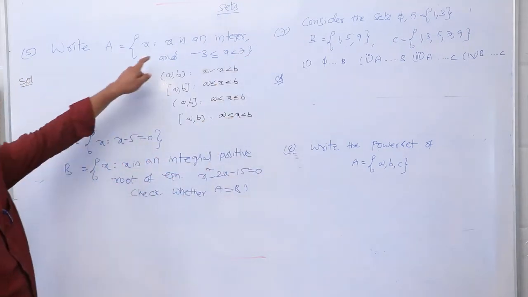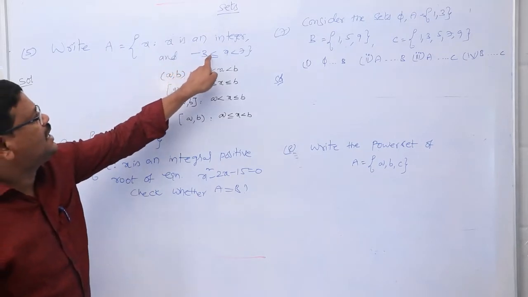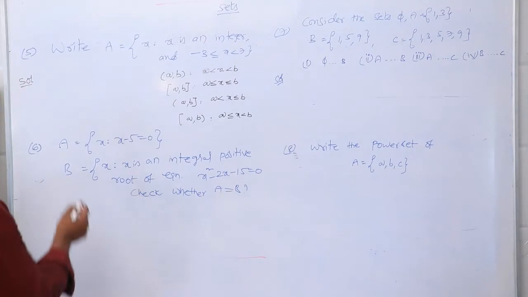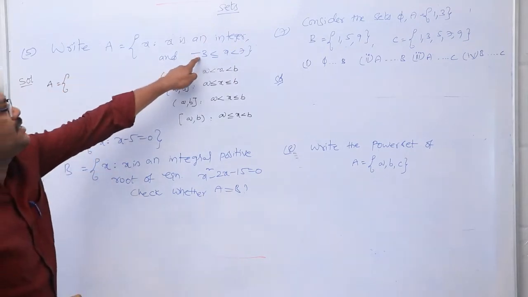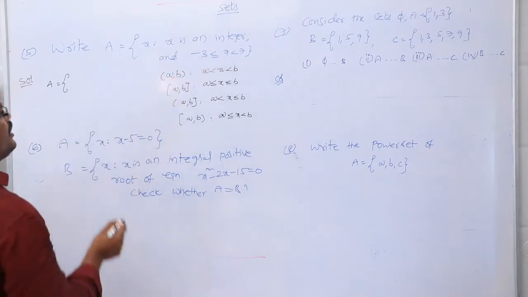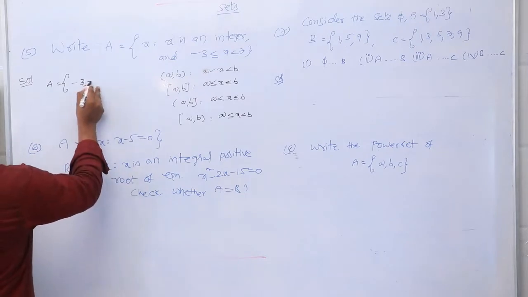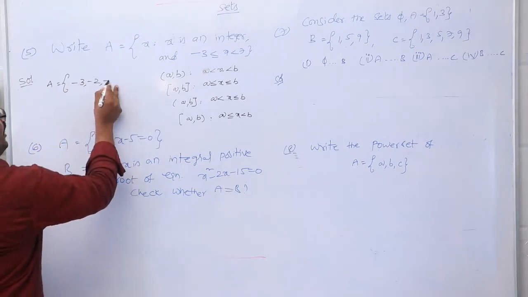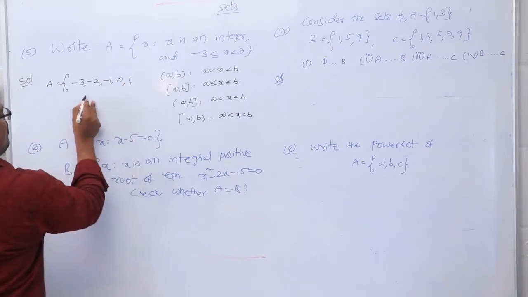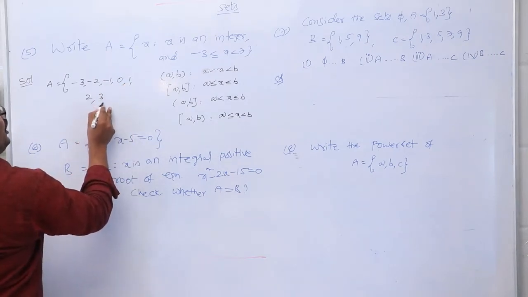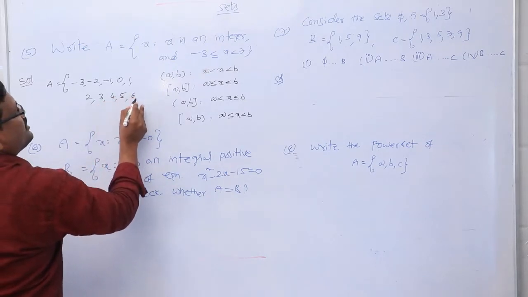So here, what are the integers between minus 3 comma 7? If you write the set A equals, including minus 3, since here we have a closed interval, that means minus 3, minus 2, minus 1, 0, 1, 2, 3, 4, 5, 6.